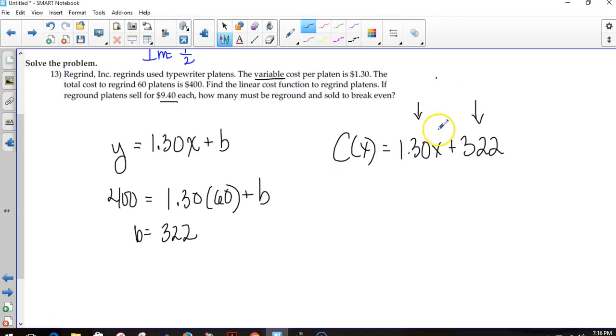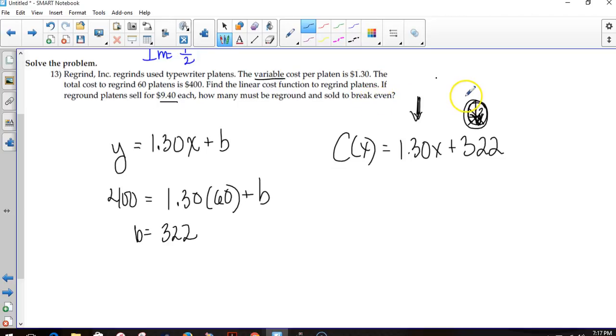And so the more plates you regrind, this is always going to keep going up, but this remains static. So if you only ever reground one, it was a very expensive typewriter. But if you did like 1,000, this is going to be pretty negligible, in that it gets divided up however many you have. We're going to talk about what if I didn't make any money, but I didn't lose any money either.